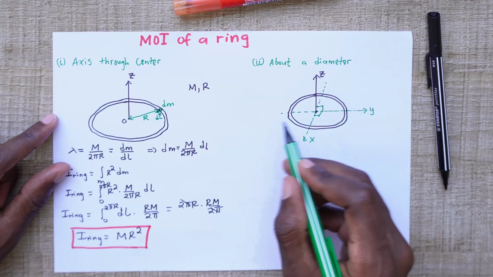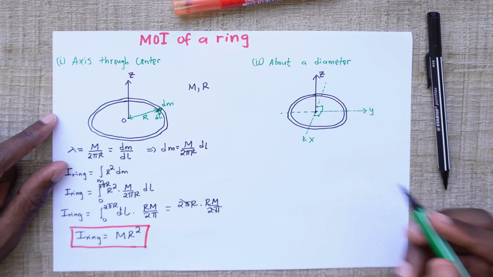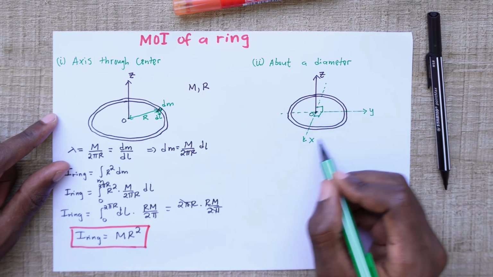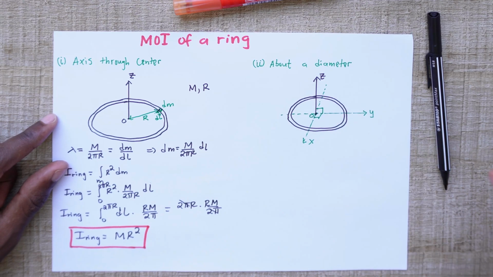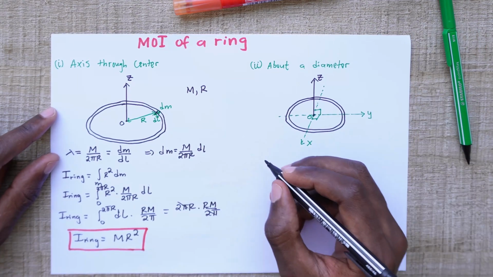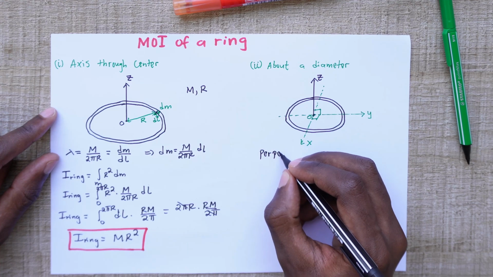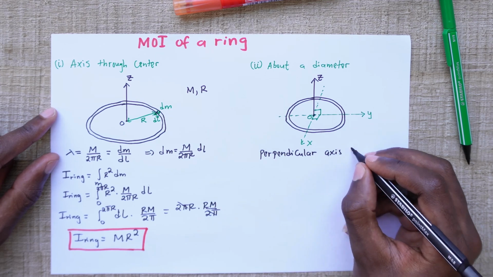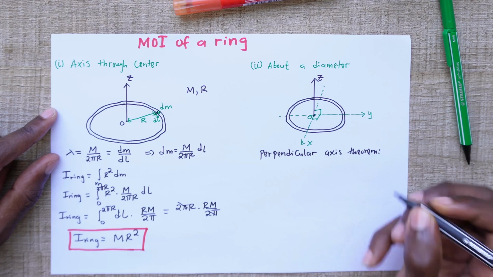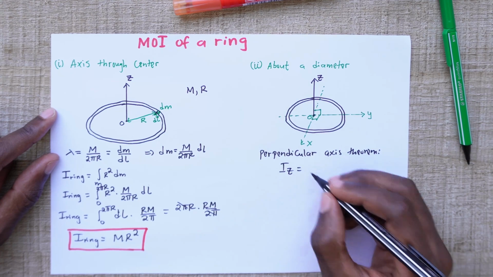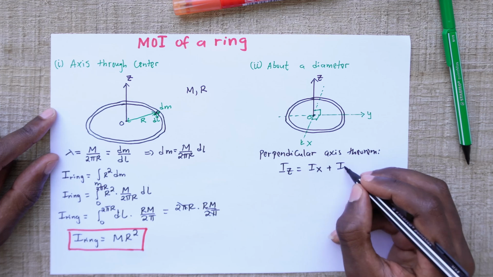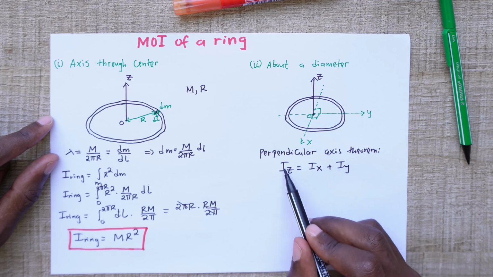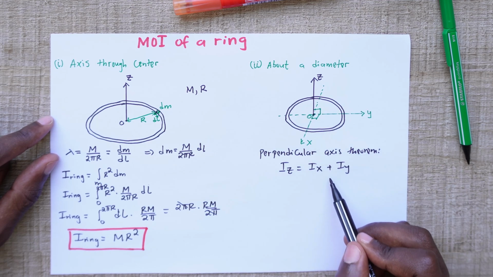The two diameters are perpendicular to each other, and the plane of these axes, the OXY plane, is perpendicular to the axis Z. So we can apply the perpendicular axis theorem, which we saw in the introduction of the video series, which tells us that in this case, Iz is just going to be the sum of the moments of inertia along two perpendicular axes to Z, in this case Ix and Iy.